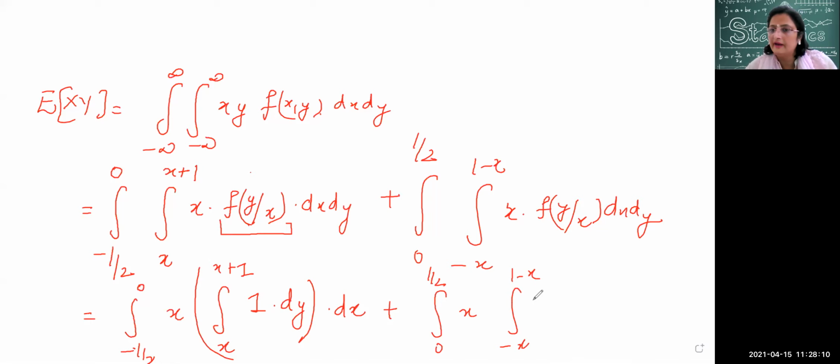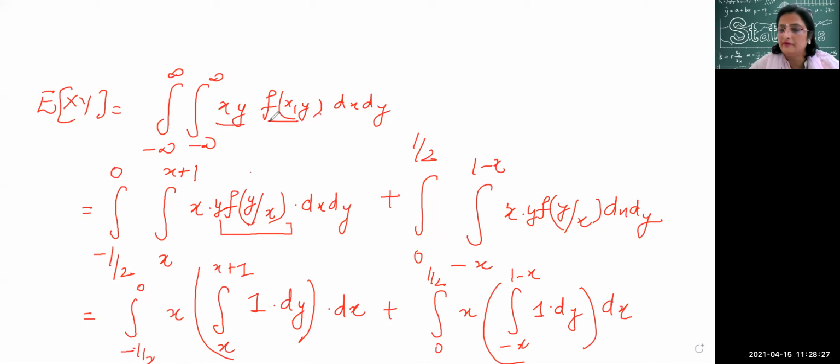The value of f of y by x in this interval is given to be 1 into dy, and here is your dx. Right? Oh, so मैं यहाँ पे y लिखना भूल गई हूँ. Here you will write y also.